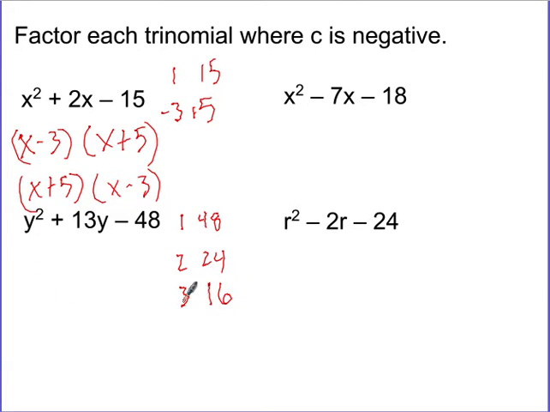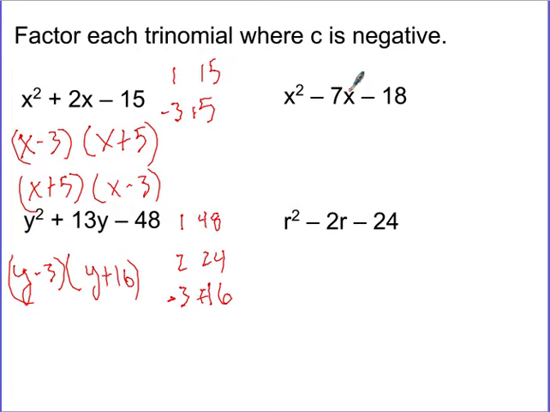So I would have a negative 3 and a positive 16 because I want the bigger number to be positive. Okay, so y minus 3 and y plus 16. Now, what's different about these two?